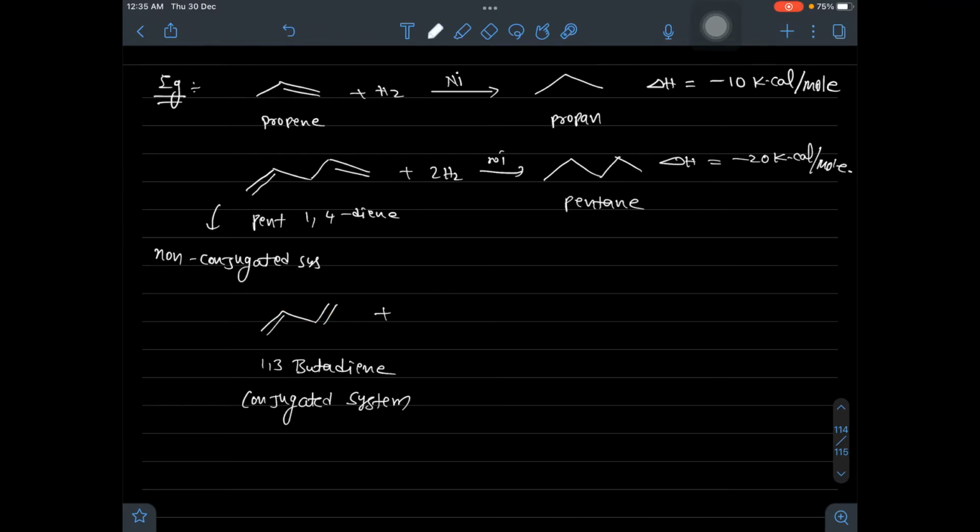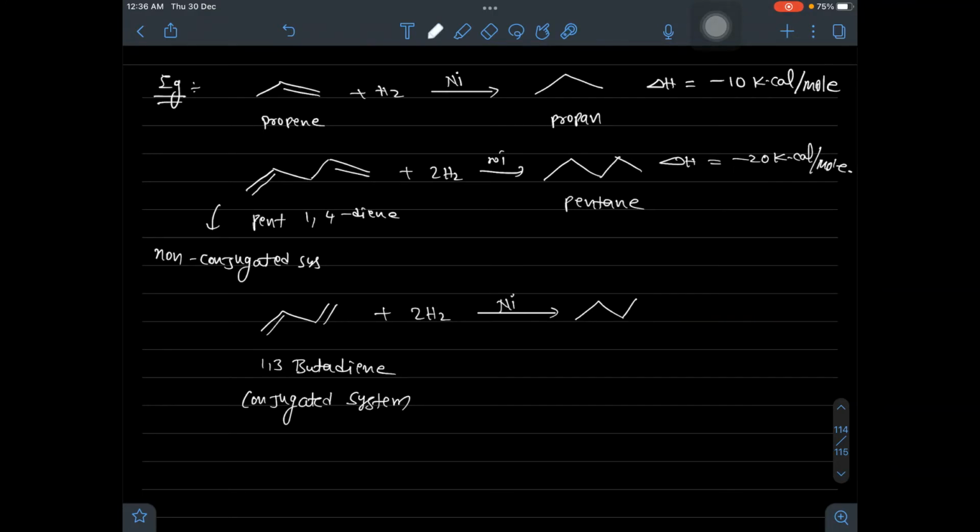If hydrogenated in the presence of nickel catalyst, it forms butane. When one double bond is hydrogenated, it releases 10 kilocalories. Here also we are hydrogenating two double bonds, so the enthalpy of hydrogenation must be minus 20 kilocalories.